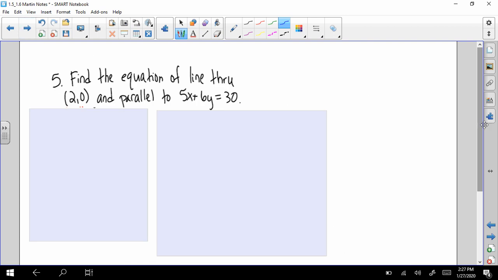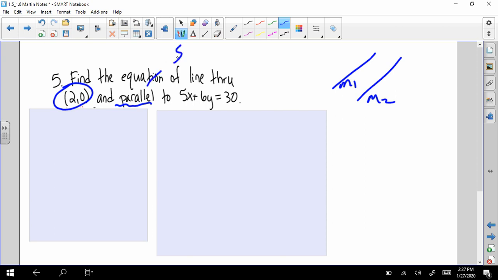Next thing, finding the equation of a line that is parallel. Parallel lines run at the same angles, therefore the slope from the first one will equal the slope from the second one. So, you've given me a point, I need a slope, you're telling me a slope clue, and it's related to this equation right here.